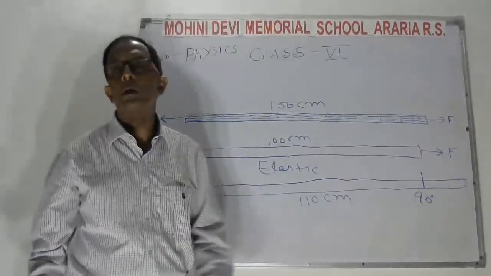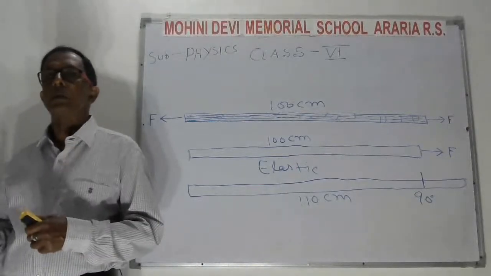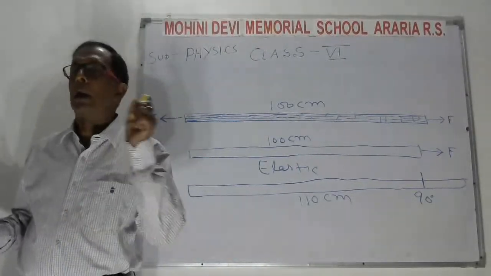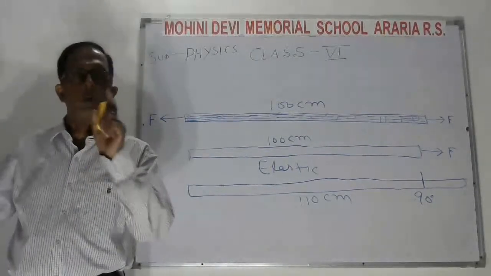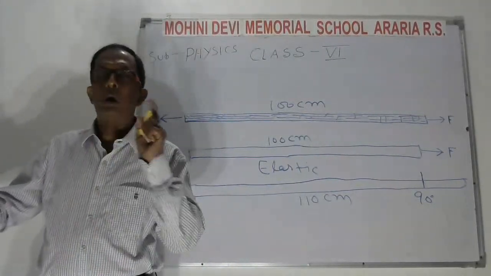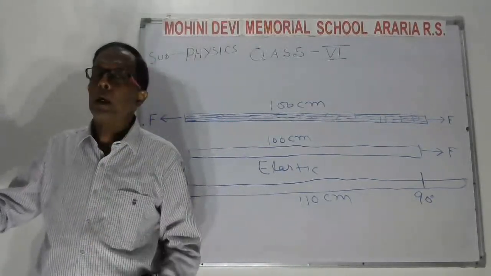So you say that the length of this thing is 90 centimeters. It means when you measure an object with the elastic tape, the measurement is not correct and not uniform, so you are unable to use the elastic tape to measure any length.